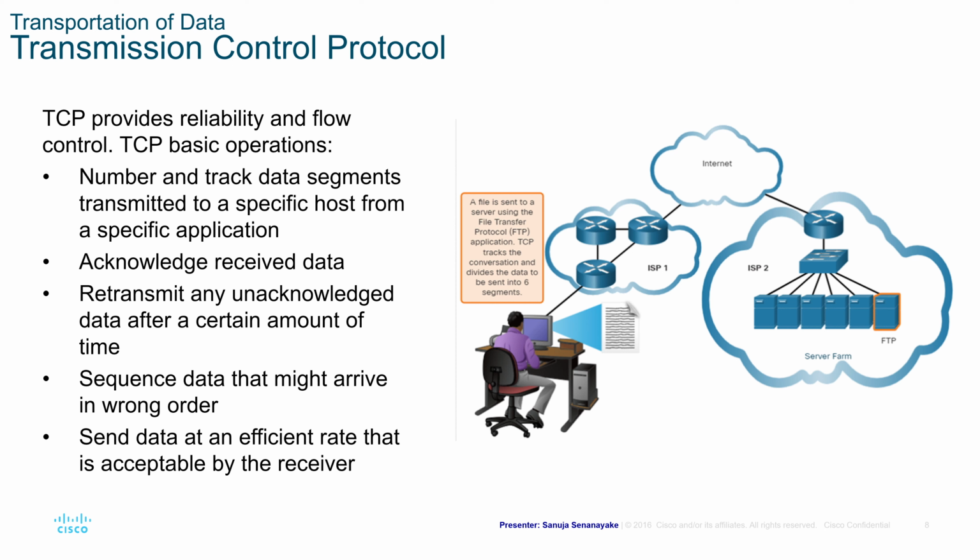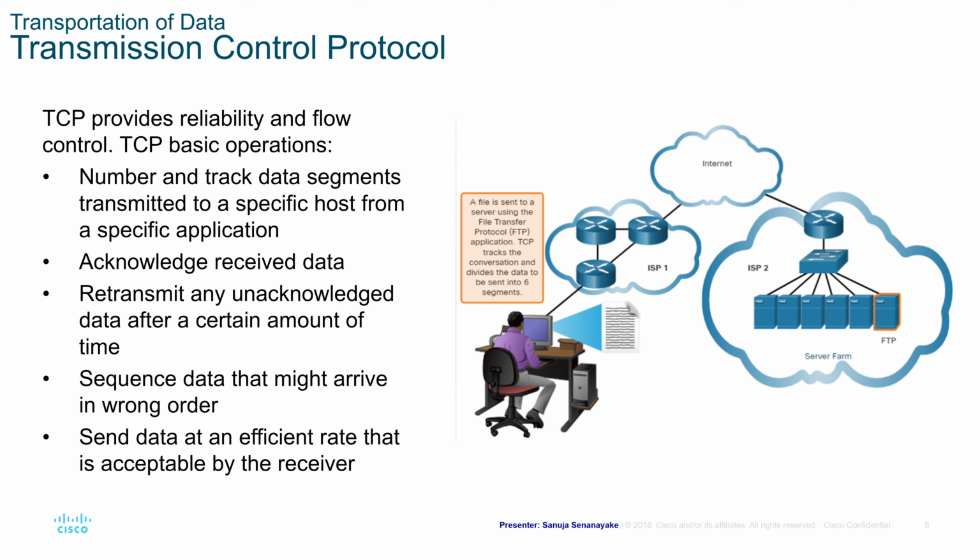In other words, if the speed of transmission is different in different links of your network, those data may arrive in the wrong order, but TCP can make sure that it can resequence them in the correct order. We will go over this a little bit later in this course.